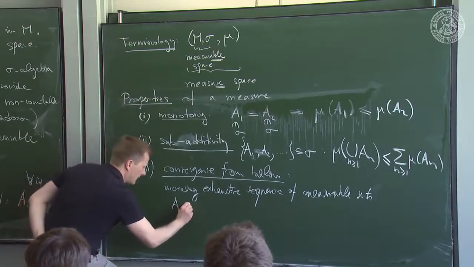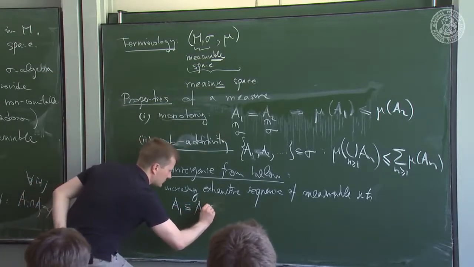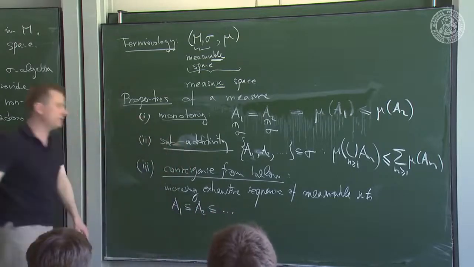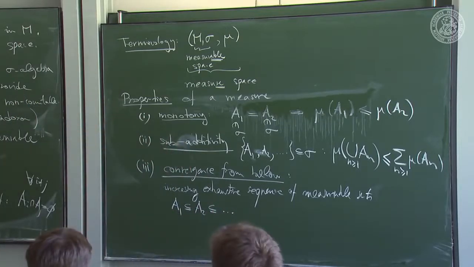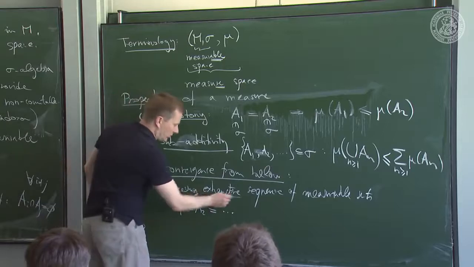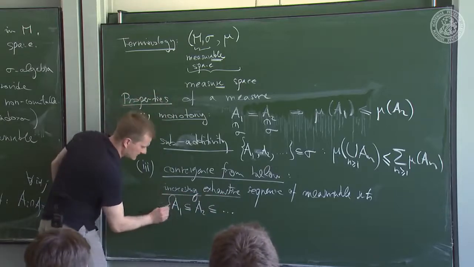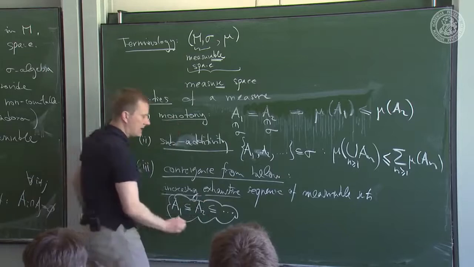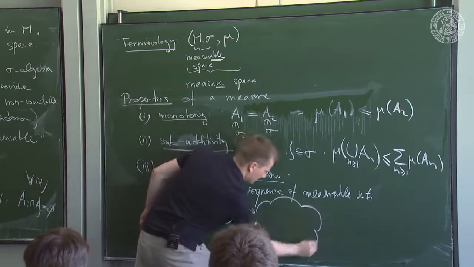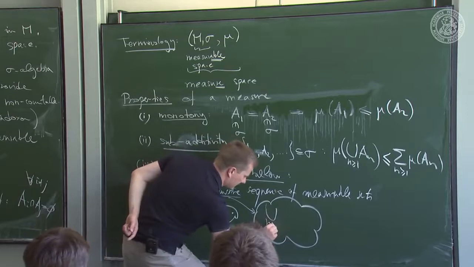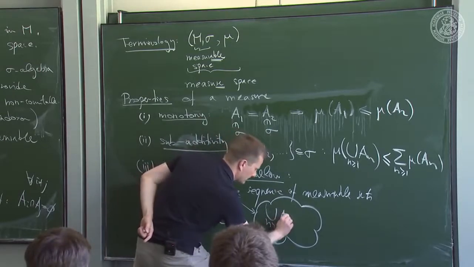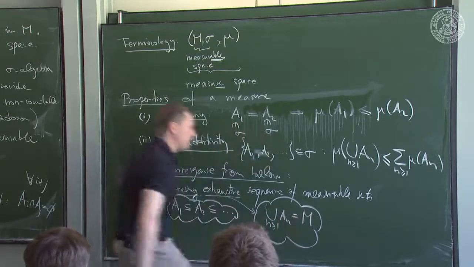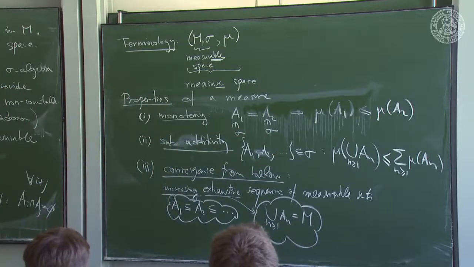So what is that? A1 is contained in A2, is contained in A3, and so on. That's the increasing bit. And exhaustive means that if you take all of them together, you recover the entire space.